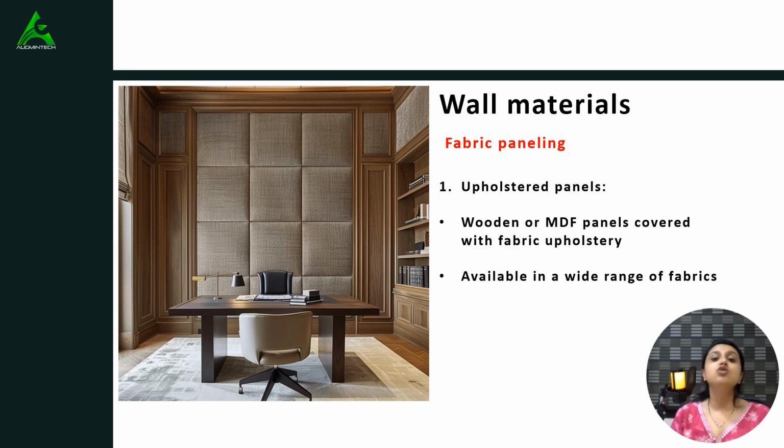So those kind of foams are added and then they are covered with fabric. Now, because we have so many options available in terms of fabrics, this gives us a huge opportunity. So if you want to create something which looks cozy and gives the space a little bit of warmth, this is the way to go.